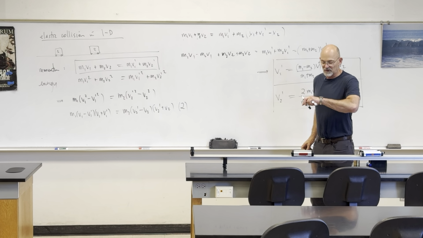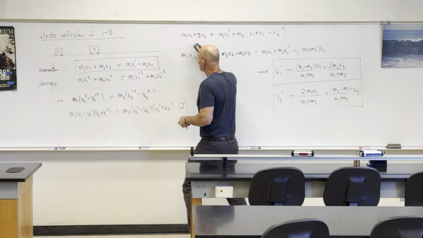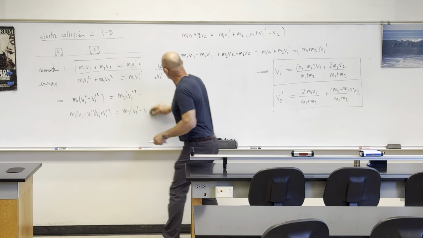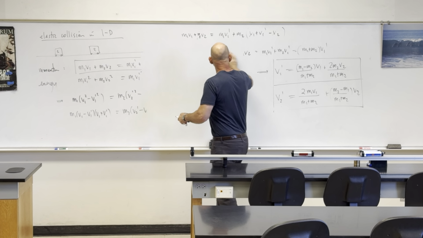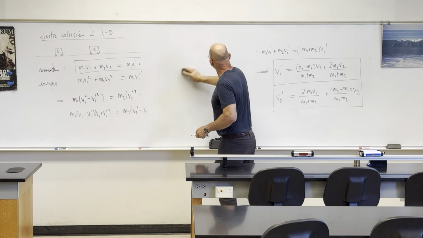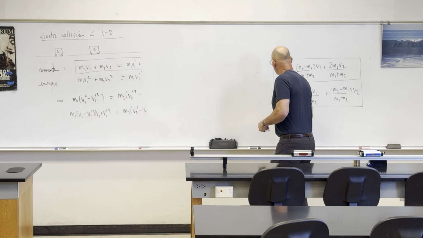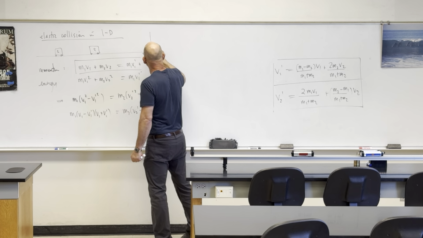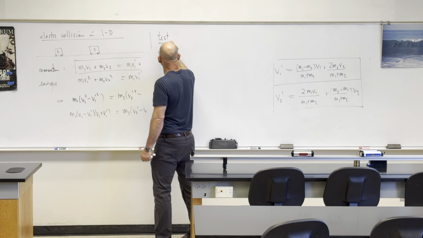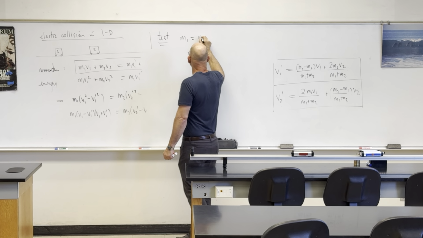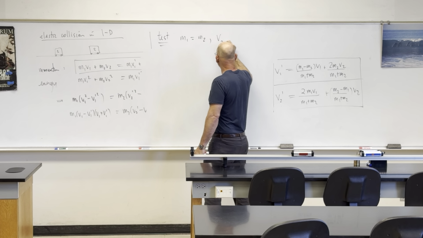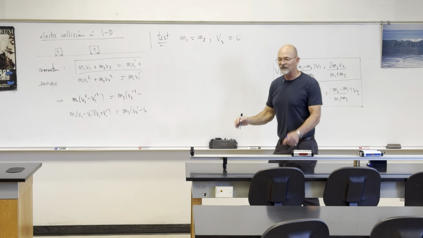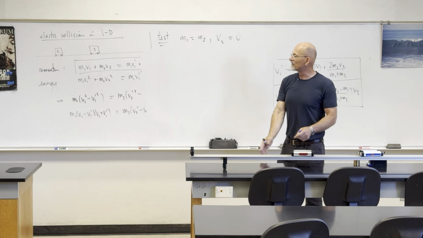We're running out of time, so let's just test out the most elementary of these. Looks like we have just the amount of time to test this and see if we got it right. So the test: M1 equals M2, V2 equals 0, because the other one was at a dead stop.